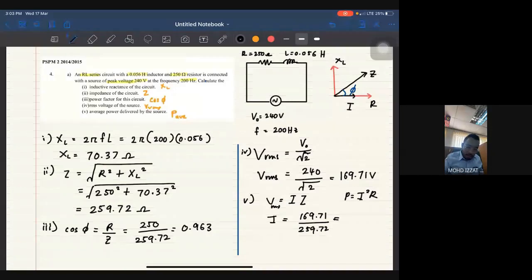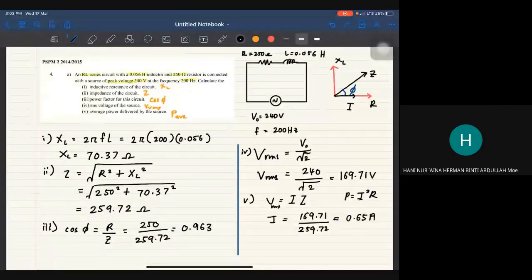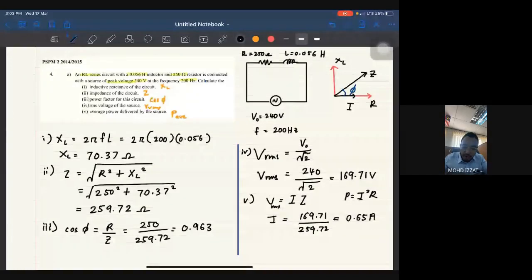So here I got 0.65. Right? Correct. Okay, that one is your value for I RMS.